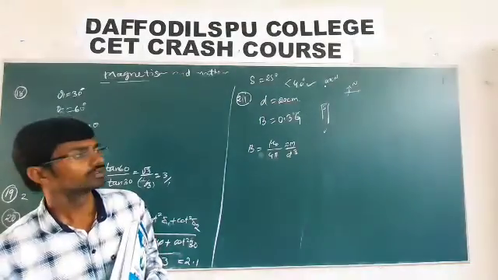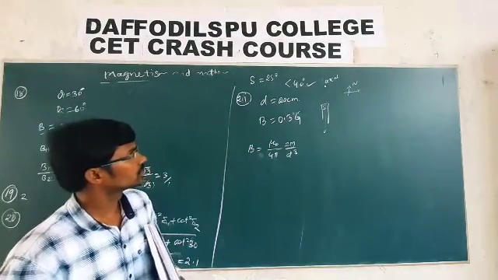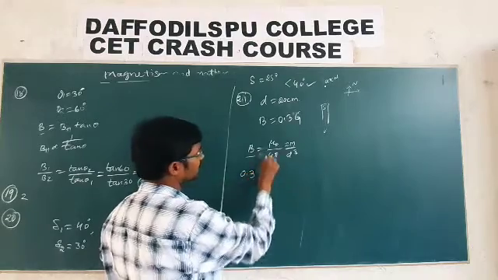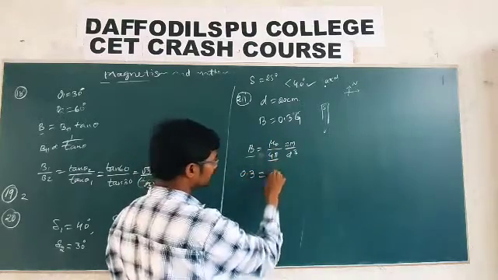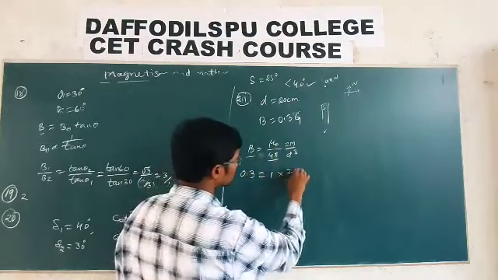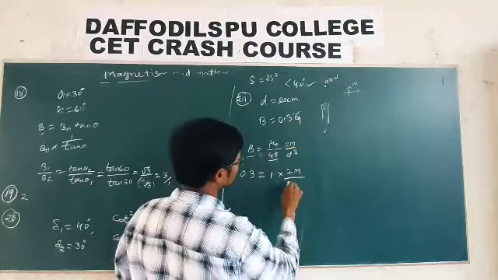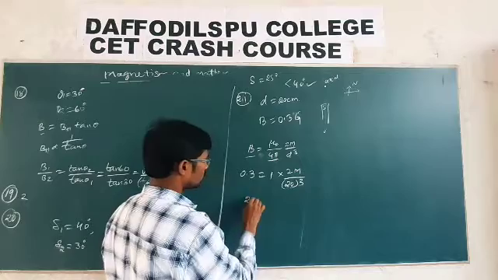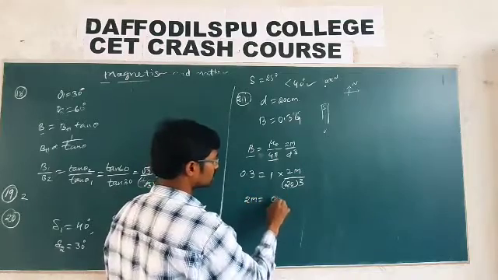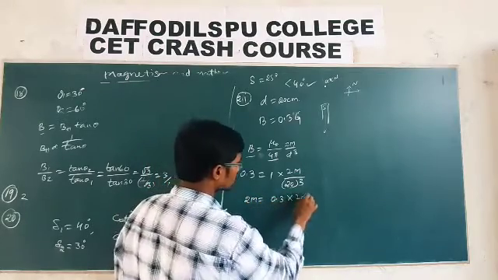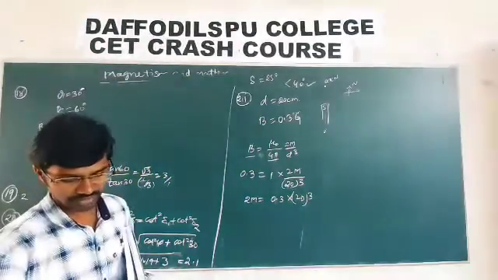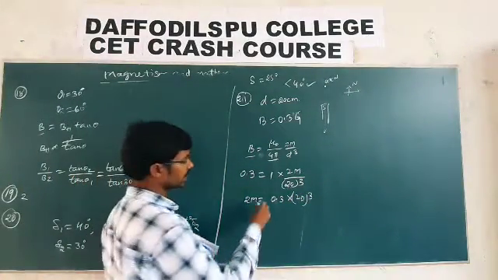Then 2 into m into d, where d is 40 centimeter, which in meters is 0.4. Then d square is 0.4 square minus l square, where 2l, the total length, is 30, so l is 0.15, whole square.